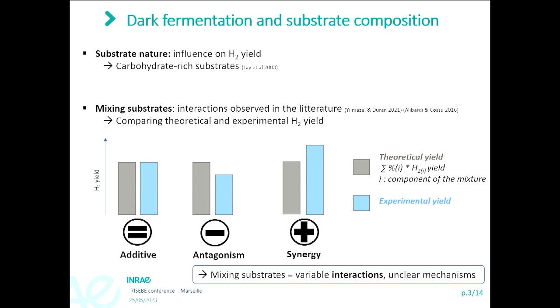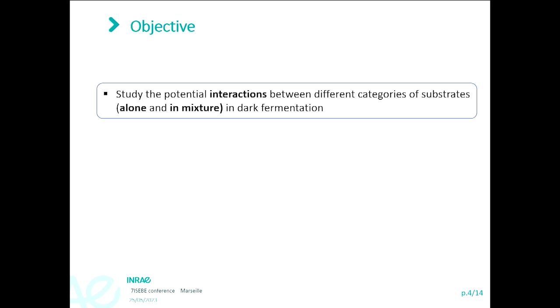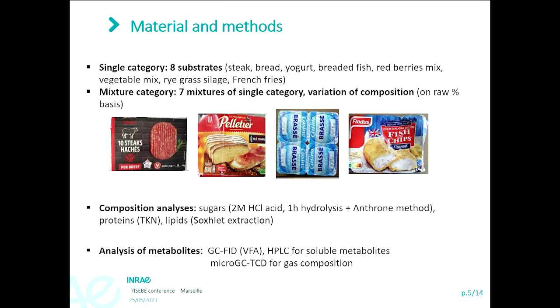So in the literature, when we mix substrates of different nature, we observe variable interactions, and their mechanisms remain unclear. That's why we wanted to study the potential interactions between different categories of substrates, alone and in mixture, in dark fermentation. To do so, first, we studied a single category of substrate, which corresponds to 8 substrates studied individually. It was mainly reconstituted food waste and energy crops.